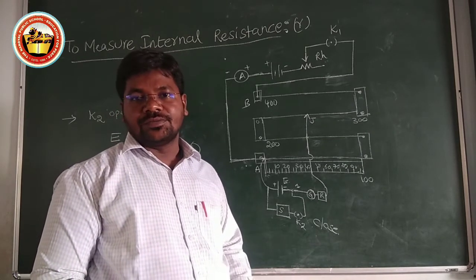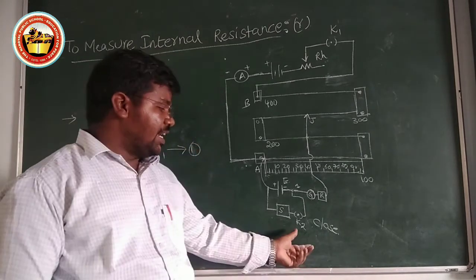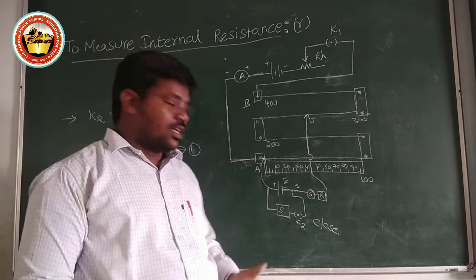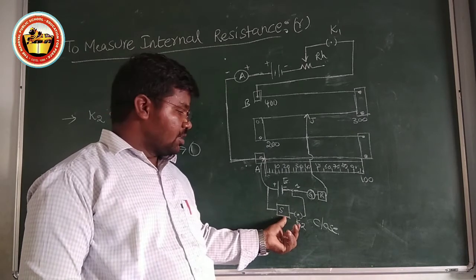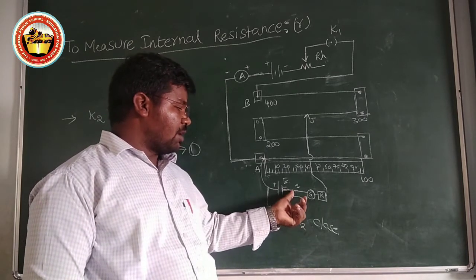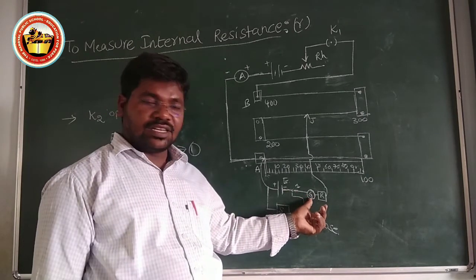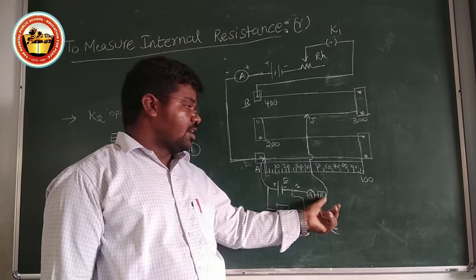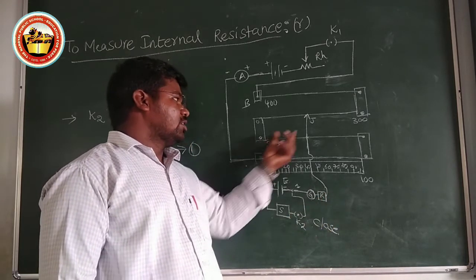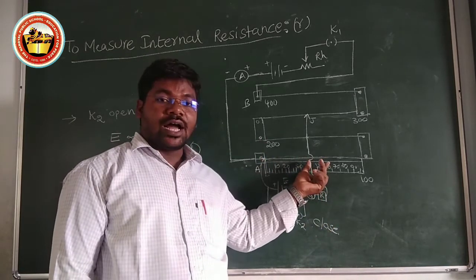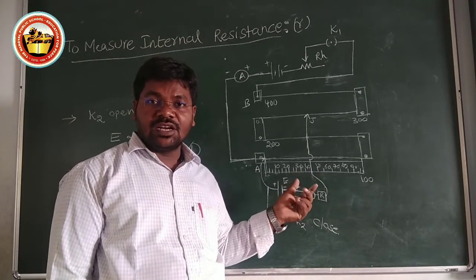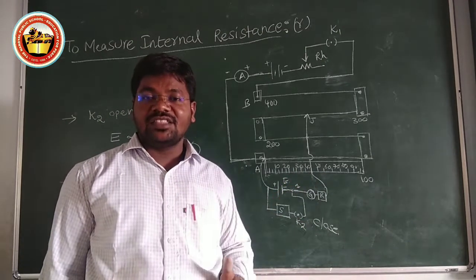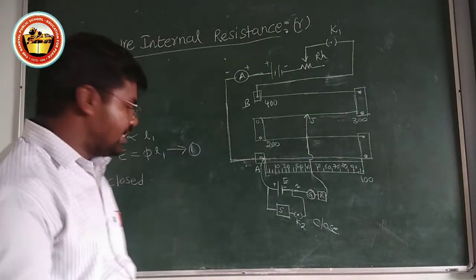Say it is L2. When K2 is closed, the current passing through both E and the additional resistance meets at one point and passes through the galvanometer and resistance box. While moving the jockey on the wire, at a particular point we get null deflection. We measure that length and say it is L2.